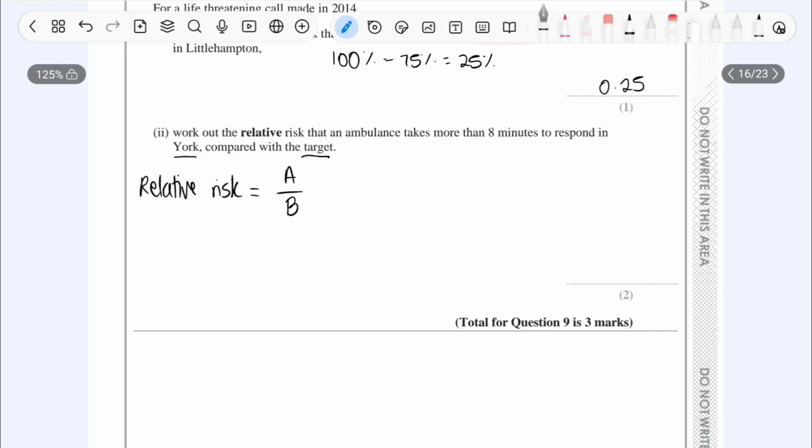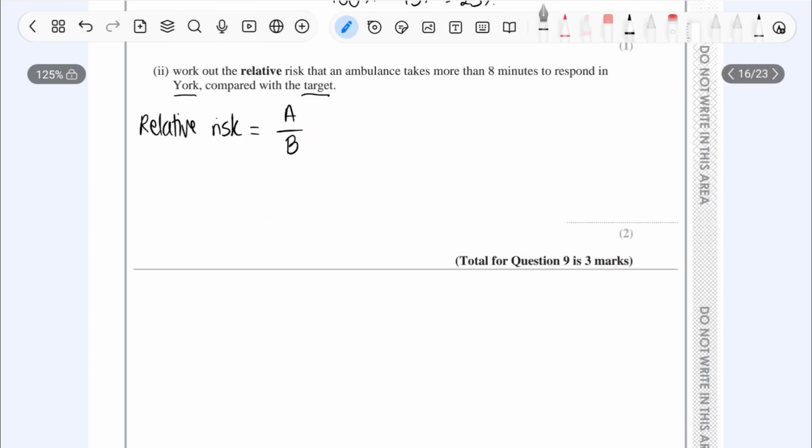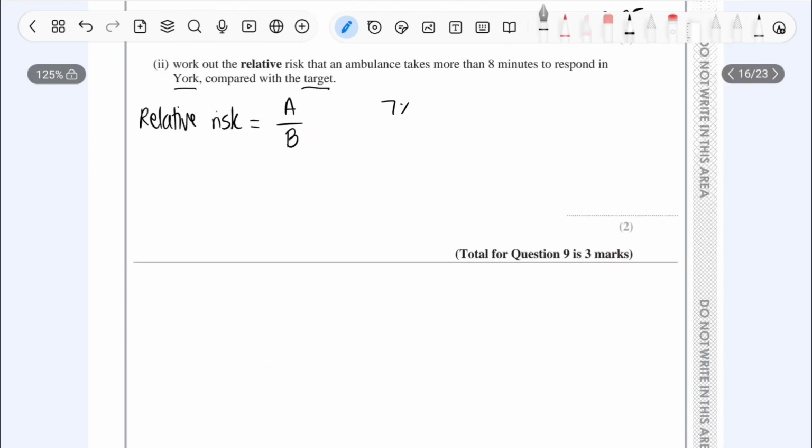So the relative risk of York compared to the target would be finding the risk of York itself, and the risk of taking more than 8 minutes, we've already clarified it, would be 100 minus 93, which is equal to 77%, sorry. So we know that it's going to be 7%.